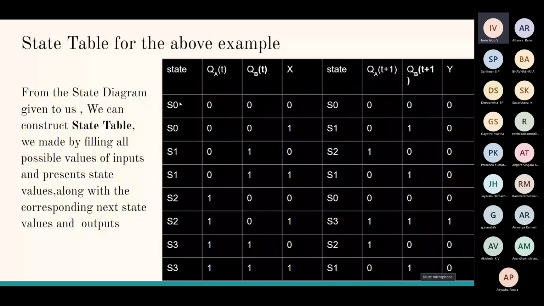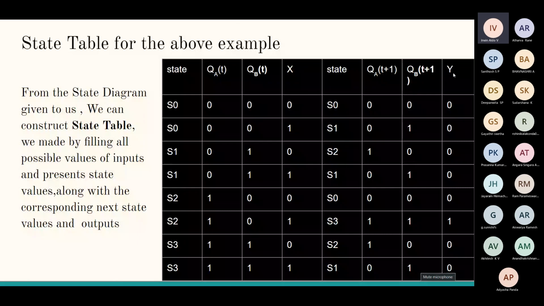Since in this case we have four states, we need to represent them distinctly. So I'm going to have two flip-flops, A and B, whose present state values are denoted by QA of t and QB of t, and X is our input value. QA of t plus 1 and QB of t plus 1 are the next state values. We are going from one state to the next state: the state where the arrow begins is the present state, and the state where the arrow points to is the next state.